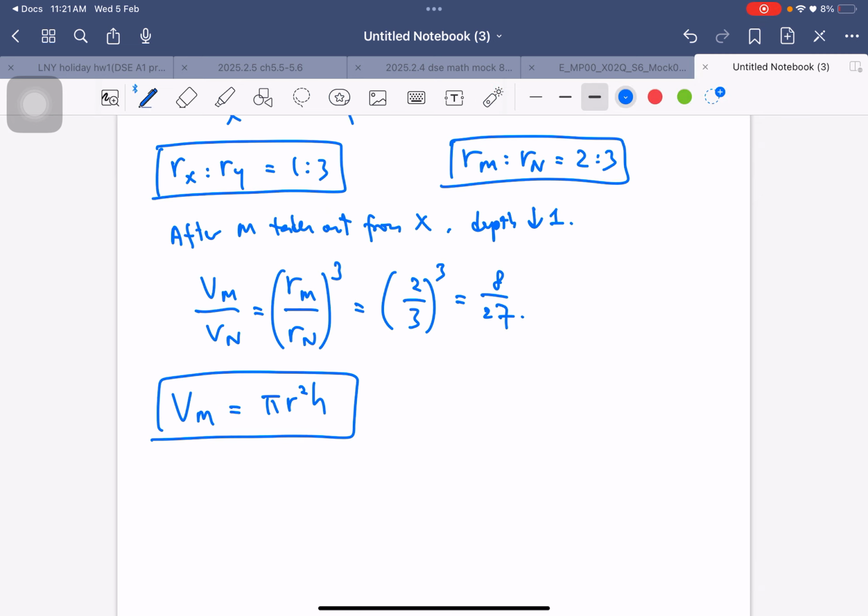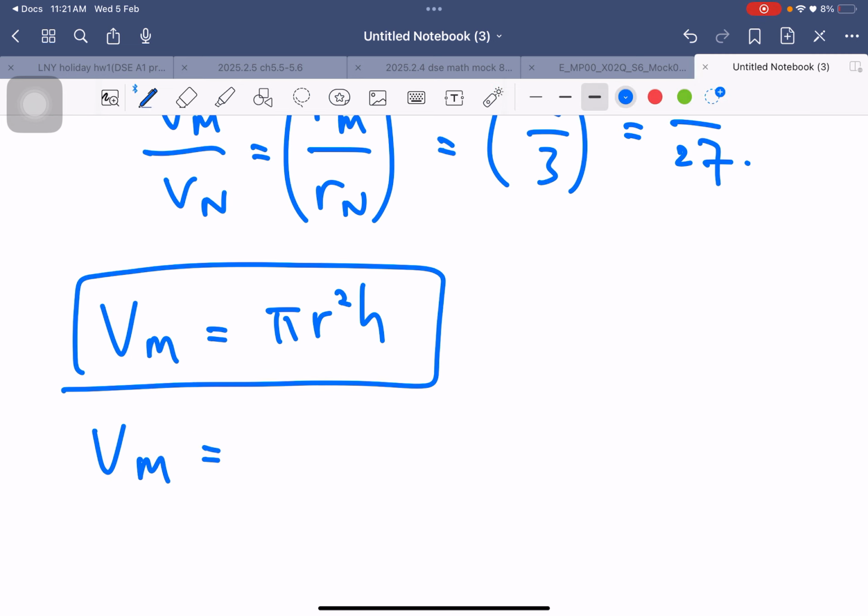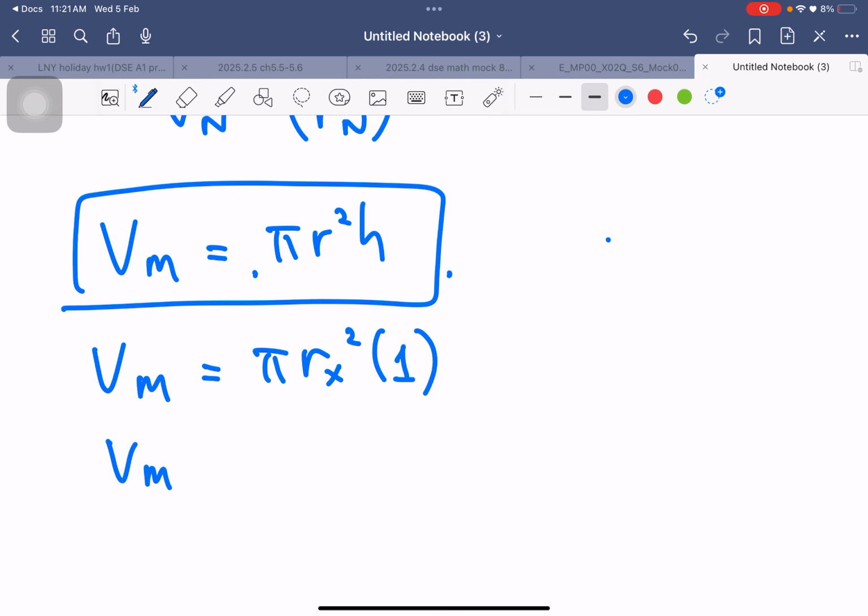So now the Vm should be equal to pi rx squared times h. But what is the height? You can see from here, after you take out the M from X, the water level is decreased by 1. So that h should be -1, just 1. The volume cannot be negative. So we have Vm is equal to pi rx squared. That's the equation that we have now.